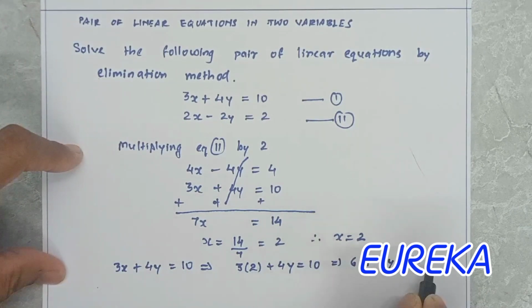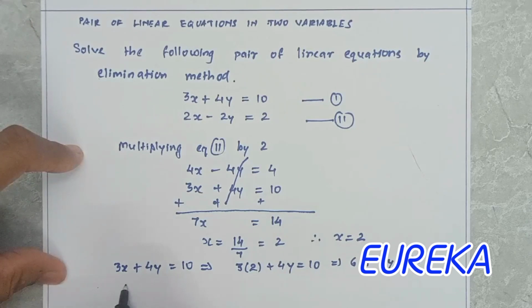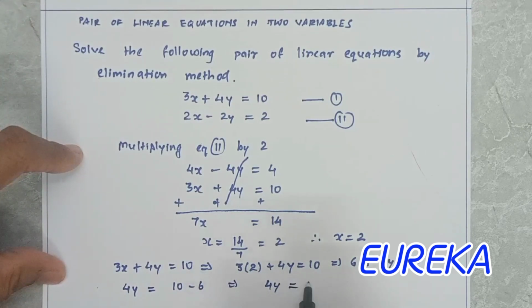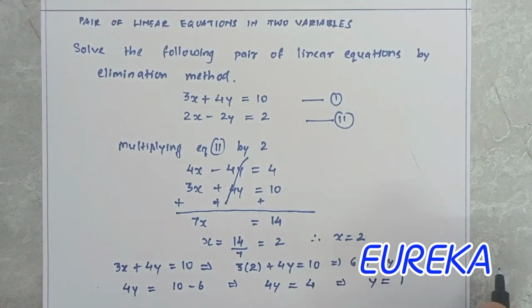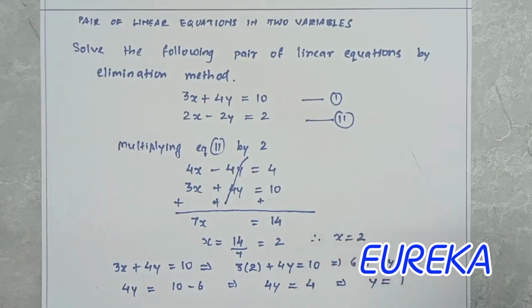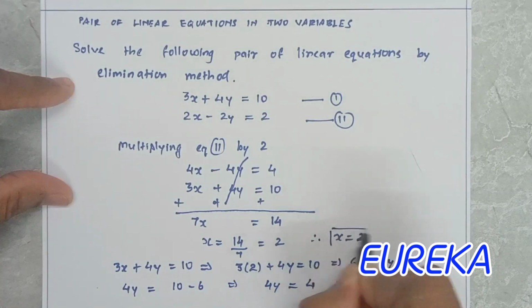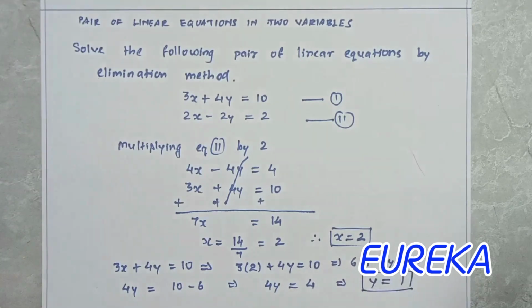Now this 6 can be sent to the other side, so we get 4y equals 10 minus 6, which implies 4y equals 4, which implies y equals 1. Is it very clear? So we got the values x as 2 and y as 1.